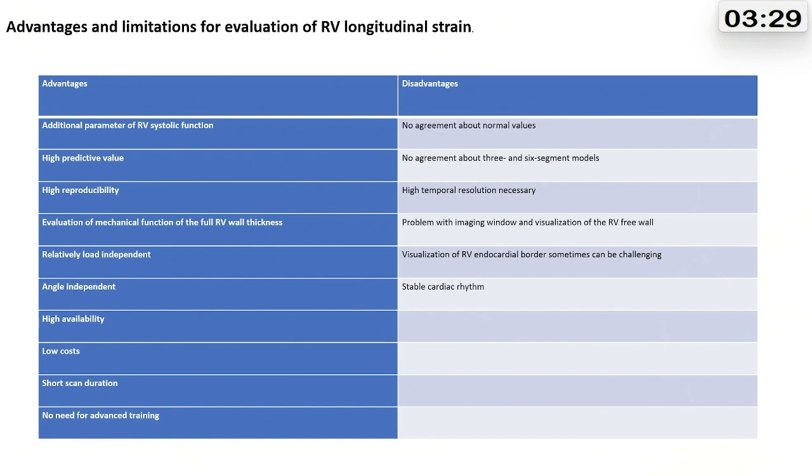However, the disadvantages are no agreement about normal values. There are two ways of doing RV assessment. I didn't want to go into that, to avoid prolonging the talk, but there is a 3-segment pathway and a 6-segment one where you include the septum. You need a high temporal resolution. You can do it when you have AF or a very unstable cardiac rhythm, and obviously you have to see the endocardial borders properly.